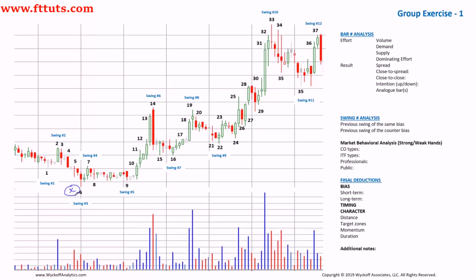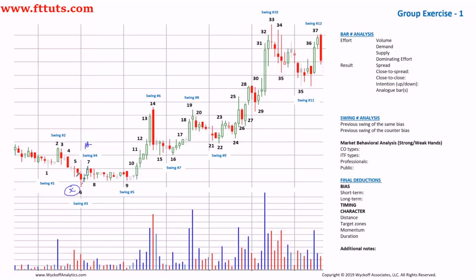What should happen next, Rick? Then automatic rally. Absolutely. And the automatic rally also would be characterized, this rally right here, as what else?